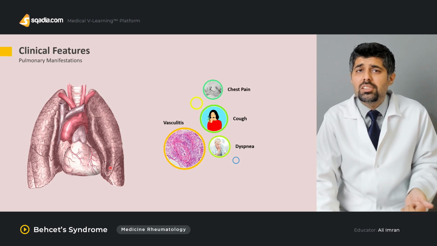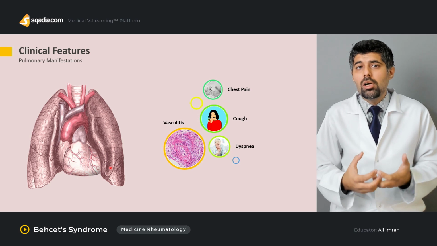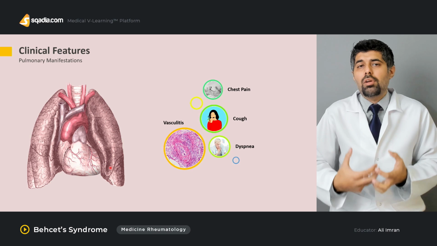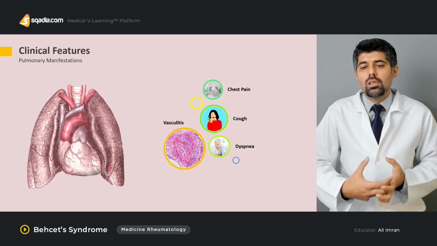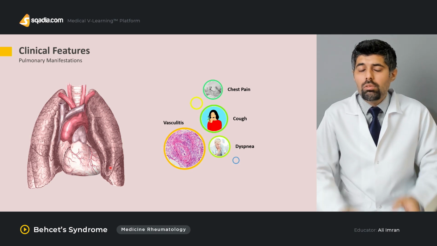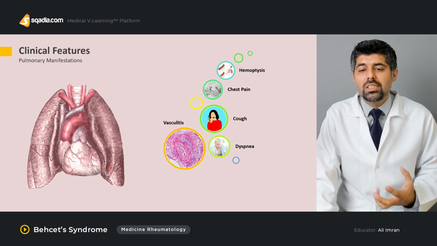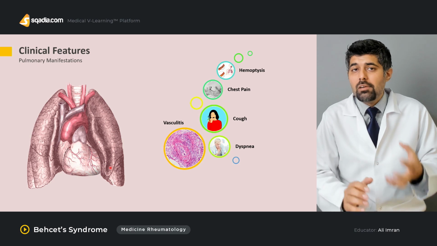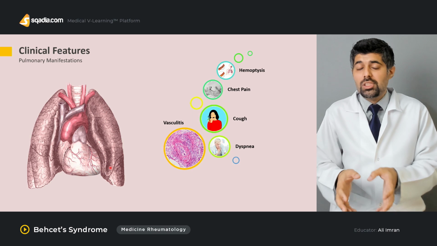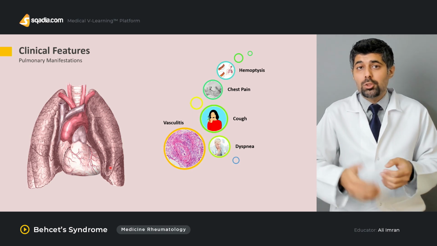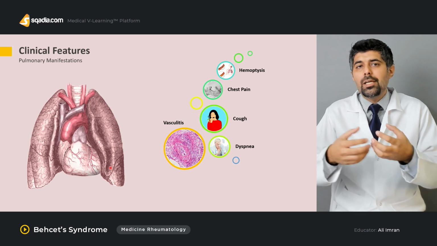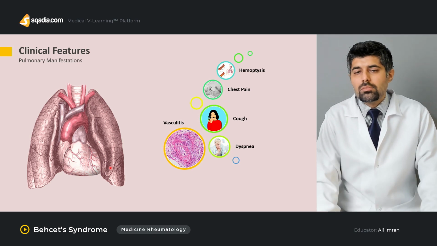It can present as chest pain, because the pain in the lungs can migrate or even radiate towards the chest area or the anterior thoracic wall, or it can present as hemoptysis if the infiltration is to such an extent that it has started to damage the vessels and blood has started to leak into the airways.